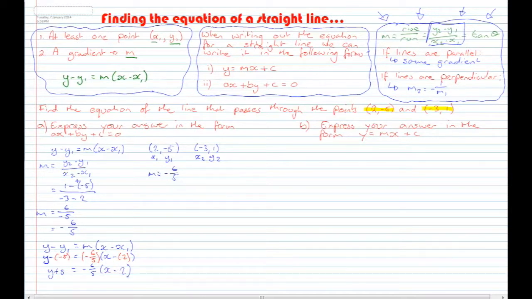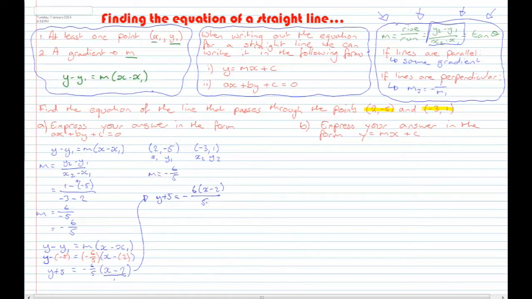Alright, I don't like the fraction here once again. So what I'm going to do is rewrite this in another way. So you get y + 5 is equal to, now -6 on 5 times (x - 2), we can write that as -6(x - 2) all over 5, because this x - 2 is the same as saying over 1, and when you multiply the fractions together you get 6 times the (x - 2) and 5 times 1 being the 5.